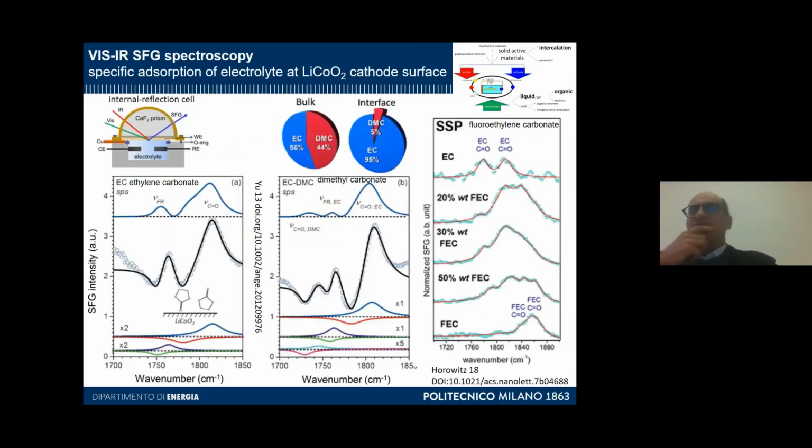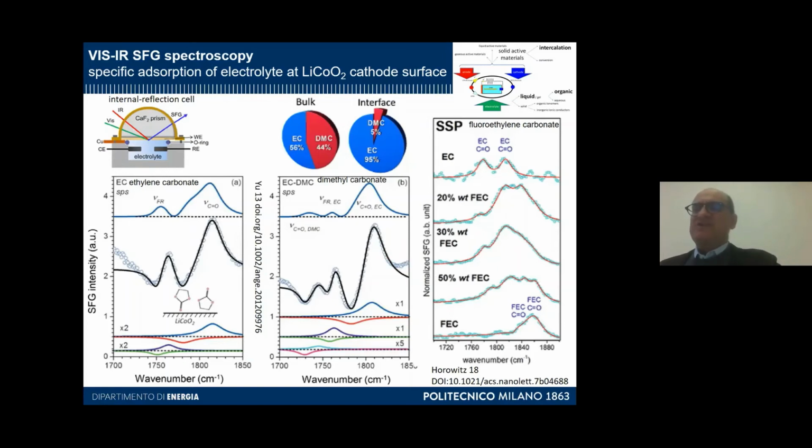Now, regarding the interaction of electrodes with the electrolyte phase, visible infrared sum frequency generation spectroscopy employing internal reflection cells allowed to measure the absorption of solvent molecules at the surface of intercalation electrodes, highlighting, among other aspects, in particular for the case of mixed solvents, whereby different types of organic materials are mixed in order to optimize the functional performance of the liquid phase contained in the battery.